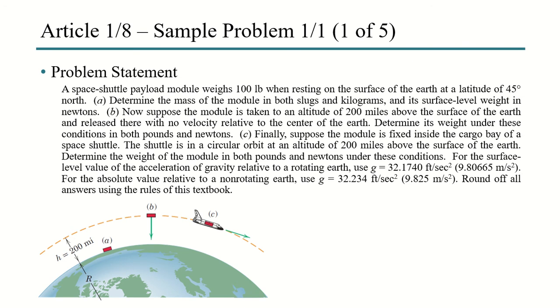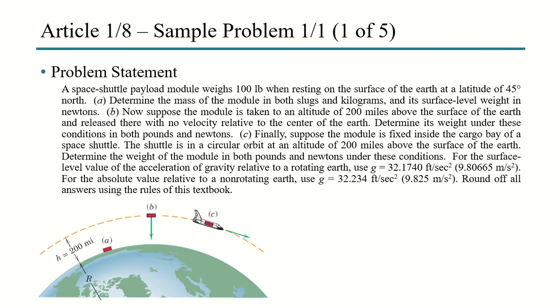A. Determine the mass of the module in both slugs and kilograms and its surface level weight in newtons. B. Now, suppose the module is taken to an altitude of 200 miles above the surface of the Earth and released there with no velocity relative to the center of the Earth. Determine its weight under these conditions in both pounds and newtons.